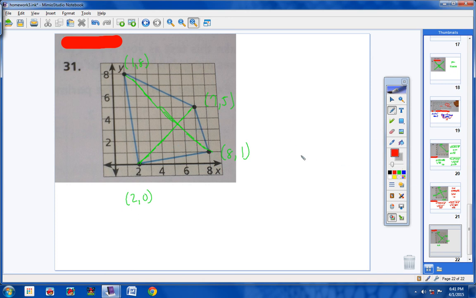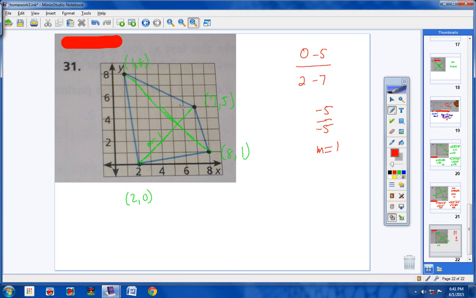Watch carefully, okay? I'm going to find the slope of this diagonal first. So y minus y, 0 minus 5, x minus x, 2 minus 7. That would give you negative 5 over negative 5, which would give you a positive 1. Okay, so the slope of this line right here is m equals 1.